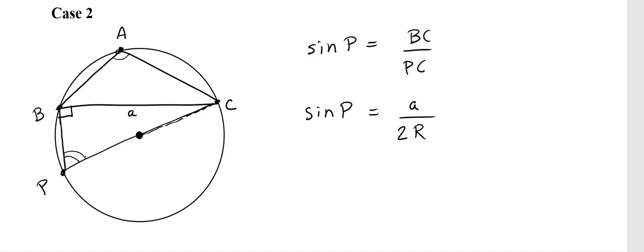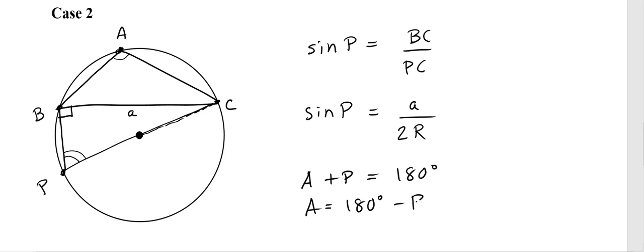Okay. That means those two angles we just marked total 180 degrees, half of the measures of the arcs that they intercept. So angle A plus angle P is 180 degrees, which makes angle A 180 degrees minus P.